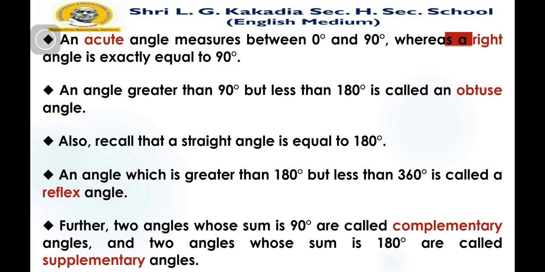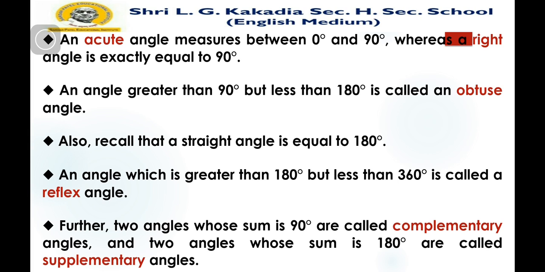Also recall that a straight angle is equal to 180 degrees. Fourth, an angle which is greater than 180 degrees but less than 360 degrees is called a reflex angle.